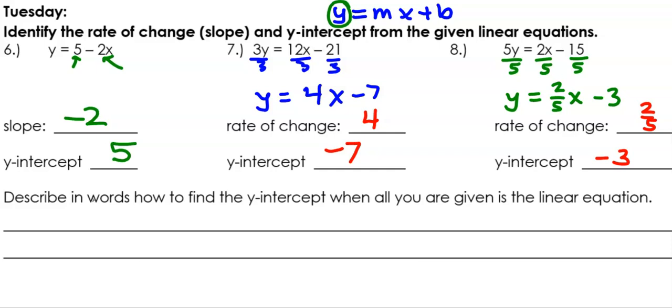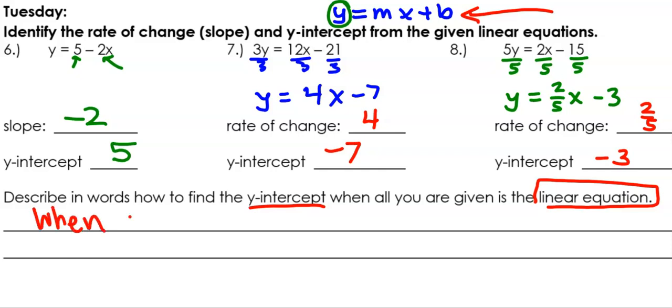Describe in words how to find the y-intercept when all you are given is its linear equation. Well, this is a linear equation. So if I gave you a sentence that looked like that, how would I know which one is the y-intercept?